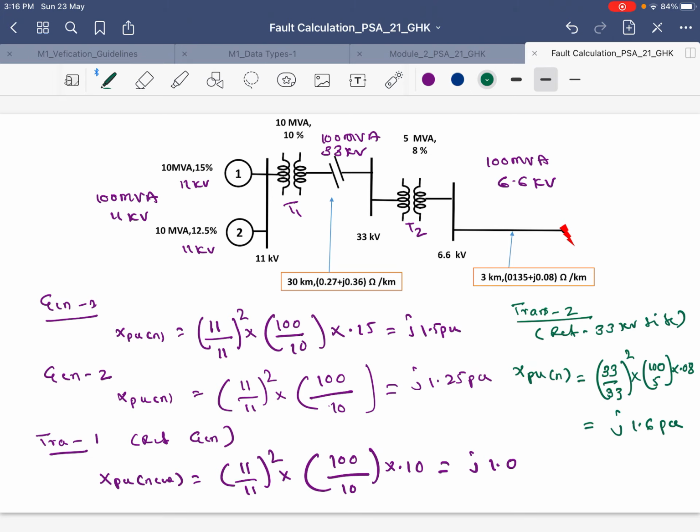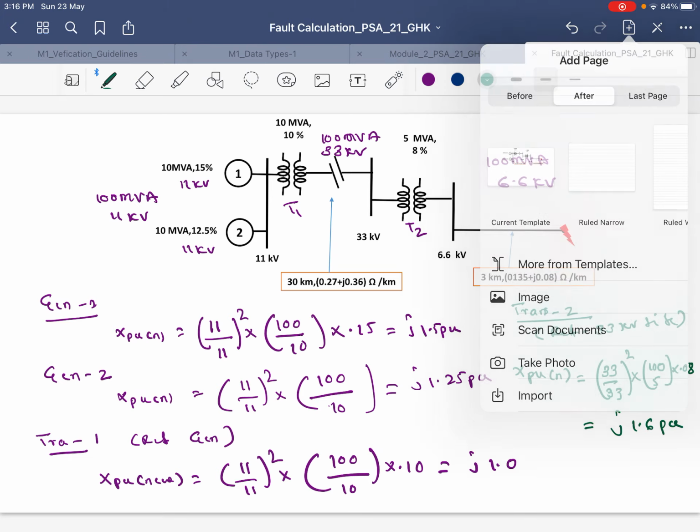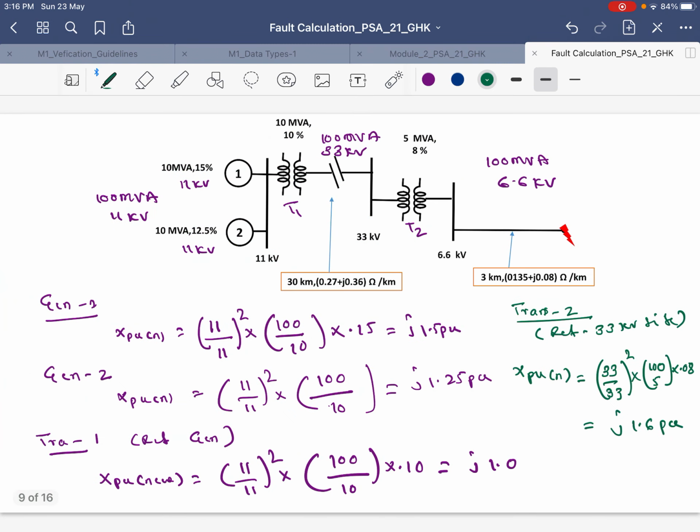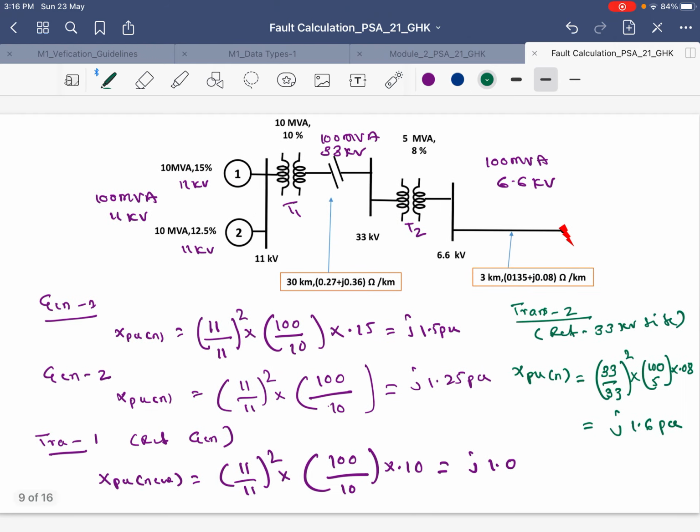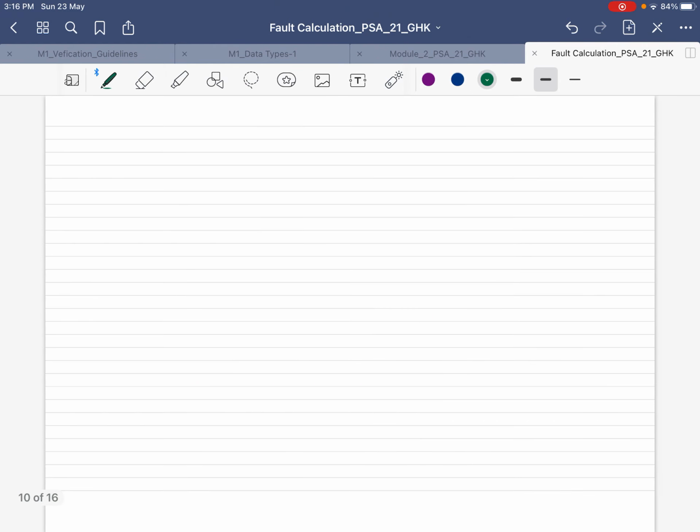Then the important thing is the transmission line. For the transmission line, what is given is 30 kilometers, with an impedance of 0.27 plus j0.36 ohm per kilometer. For the transmission line, the per unit value of impedance can be calculated.